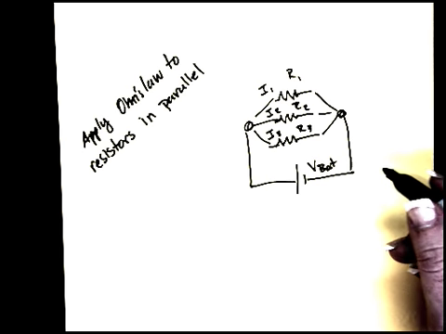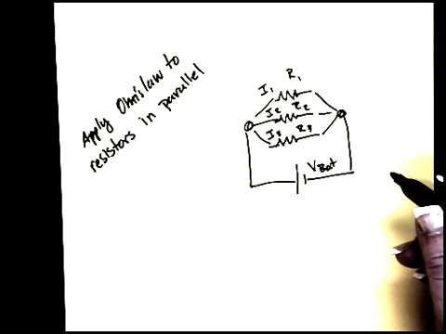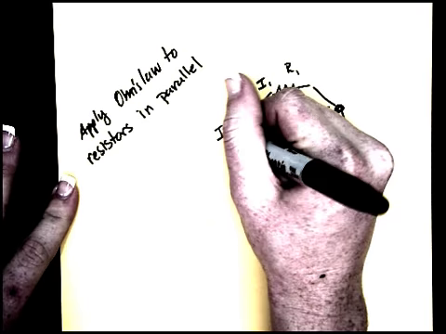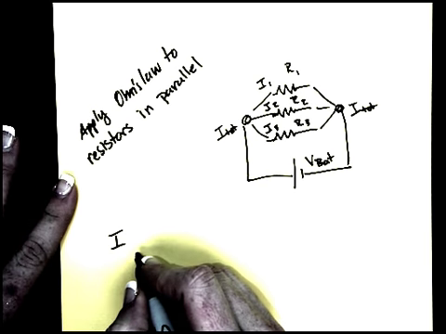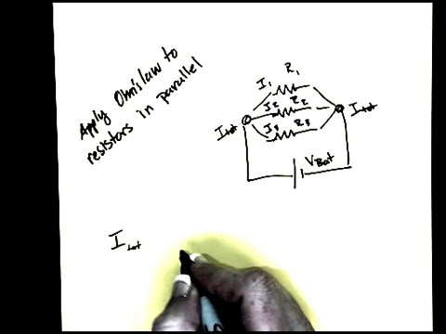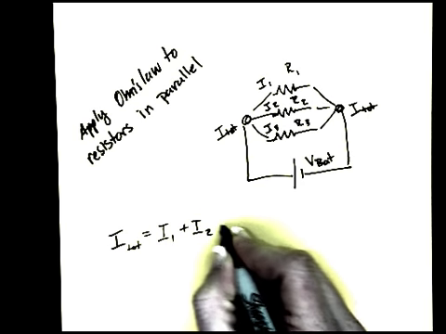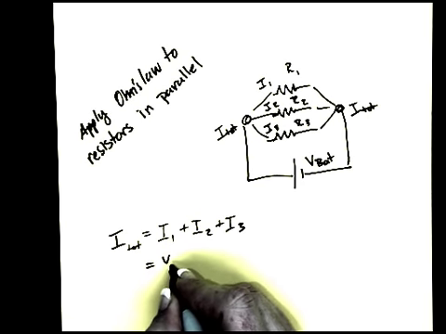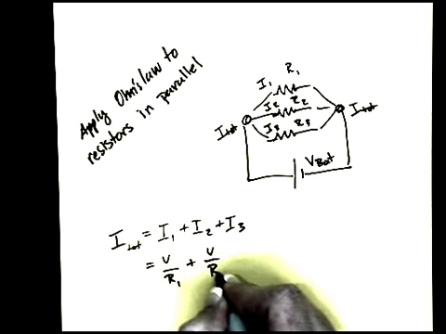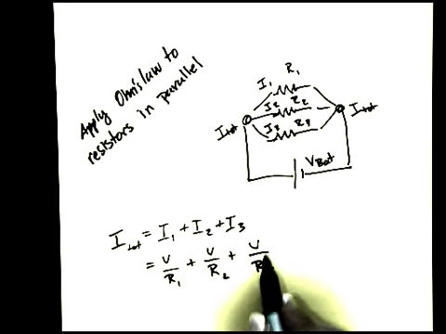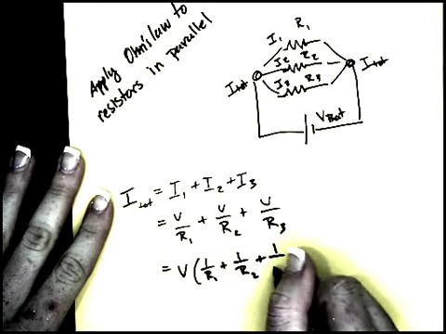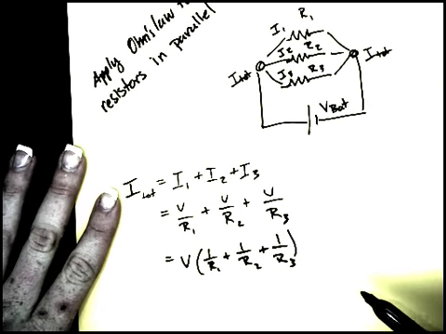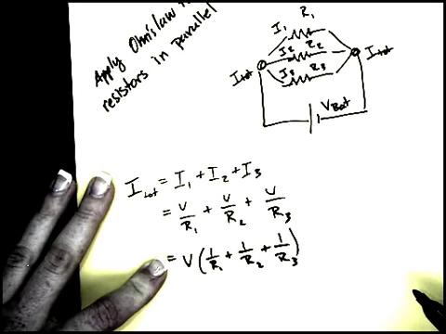We want to solve for I total, the current going through the system. I total is equal to all the different currents that go through those different resistors. When we apply Ohm's law and solve for I, we get I equals V over R. All the voltages are the same, so we account for the different resistances of the different resistors.